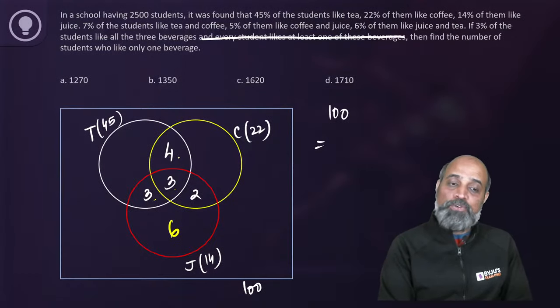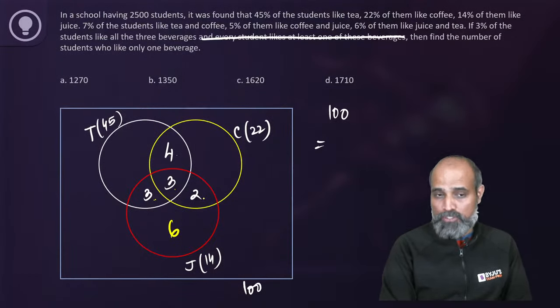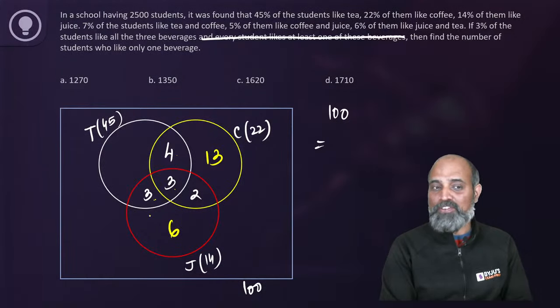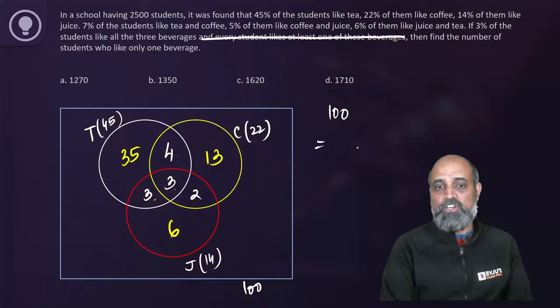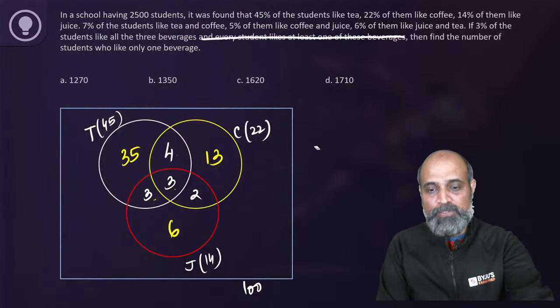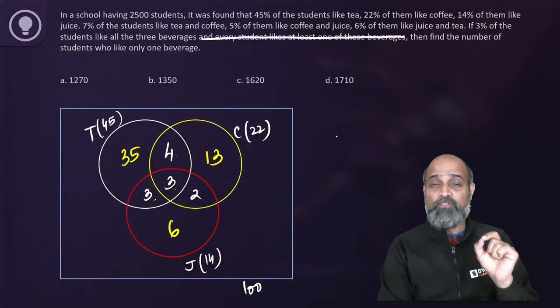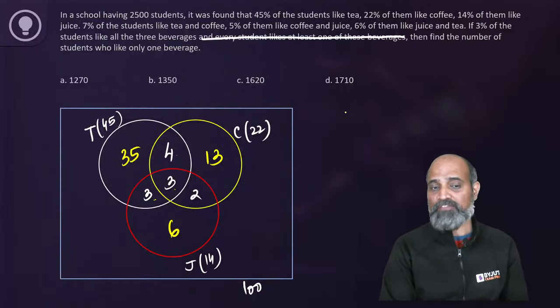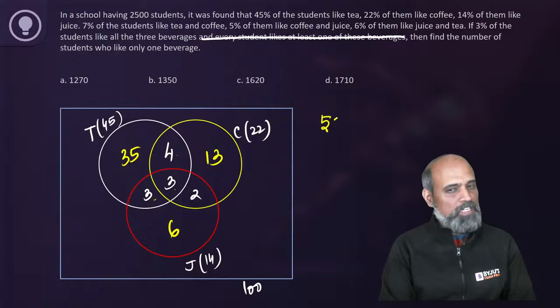Out of 22, we see 4 plus 3 plus 2, which is 9. So this is going to be 13. And out of 45, we'll see 10, 3, 3, 4. So this will be 35. So the total number of people who like only one of the beverages is 35 plus 13 plus 6, which is 35 plus 18, which I believe is 53.